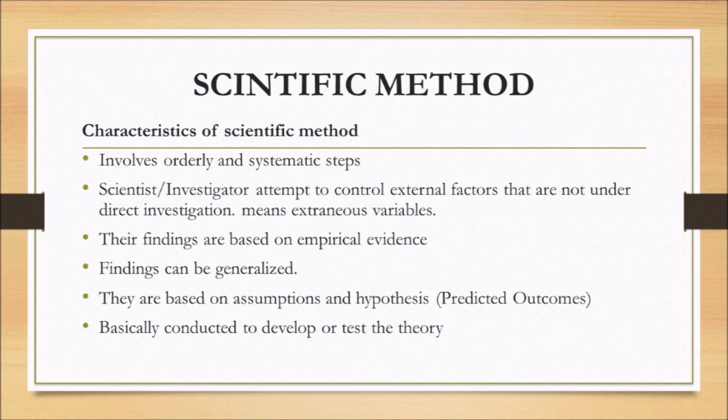Findings of the scientific method can be generalized. Findings, that is results, of the scientific method are based on assumptions and hypotheses, that is predicted outcomes. The scientific method is basically conducted to develop or test the theory. These are some characteristics of the scientific method.